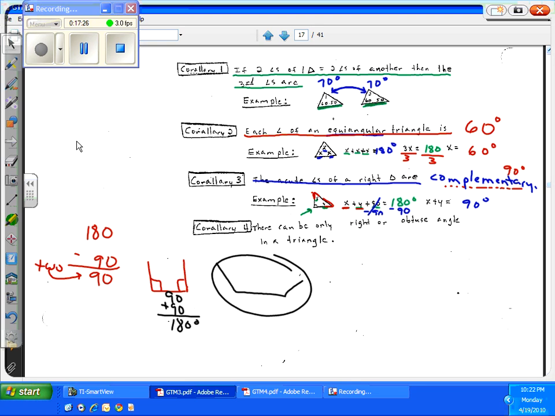Each angle of an equiangular triangle is 60 degrees. And there can be at most one right angle or one obtuse angle in a triangle. I may have left off that an equiangular triangle is a triangle that has all equal angles. Okay?